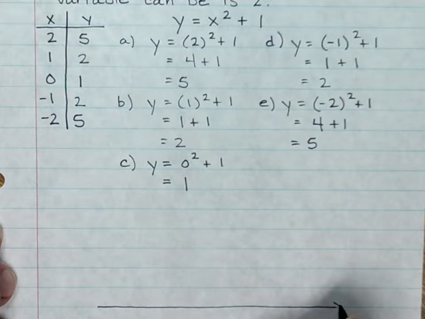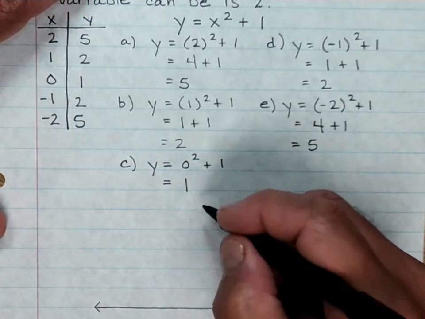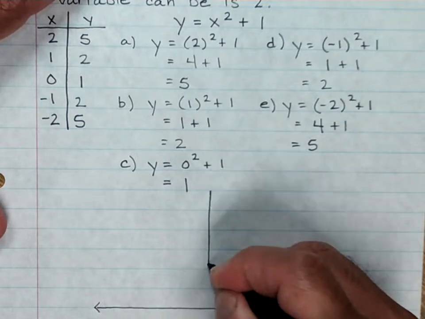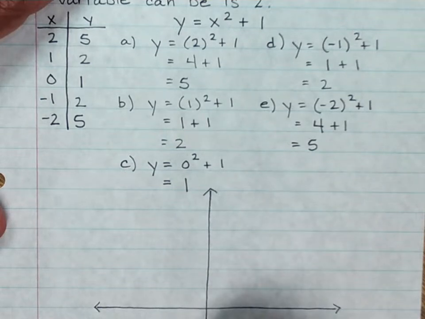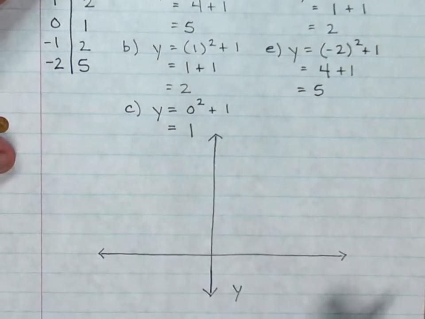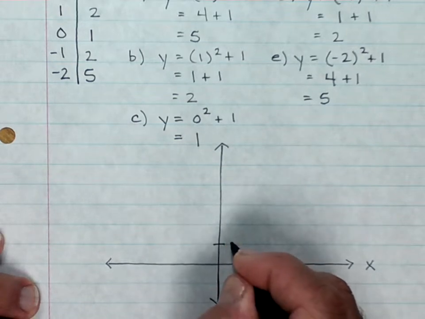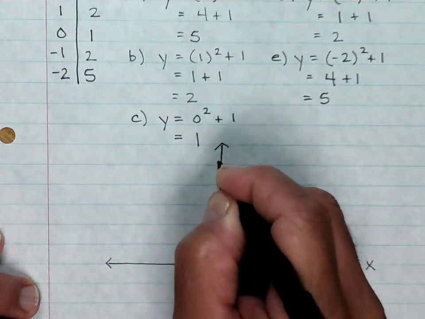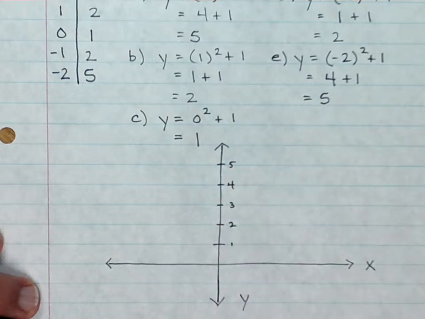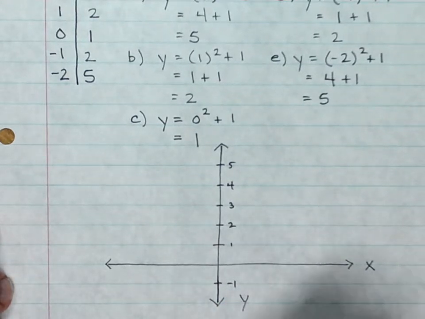This is my x-axis. Here's my y-axis, the y here. This will be 1, 2, 3, 4, and 5. I'll put a negative 1 here just so we have scale.